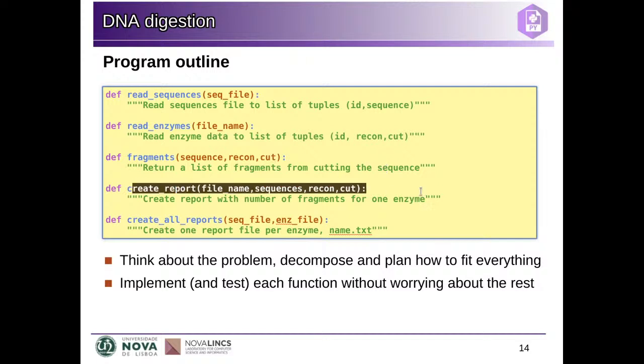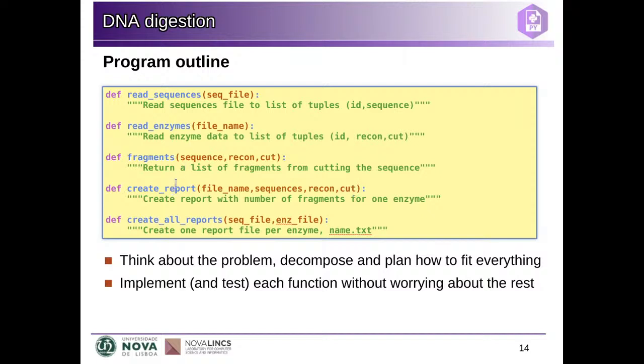Then we're going to create the report for that enzyme, and we can create the report by adding the name of the report file, all the sequences that we need for that report, and the information necessary to compute how this enzyme will cut each of these sequences.